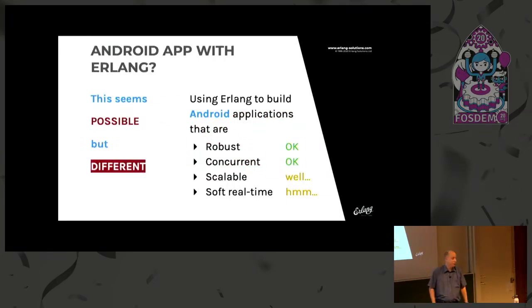Yes, so what I've done seems possible, but there are quite a lot of different ways. If you are using Erlang to build Android applications, this CoffeeBeam execution environment basically ensures that they are robust. That's quite okay. It does what you expect from a Beam file.